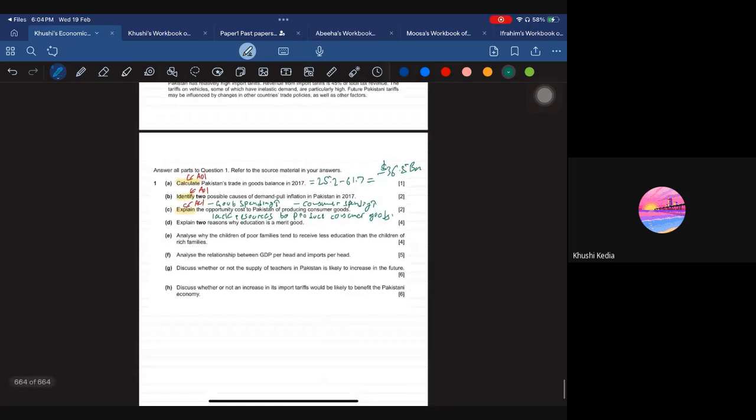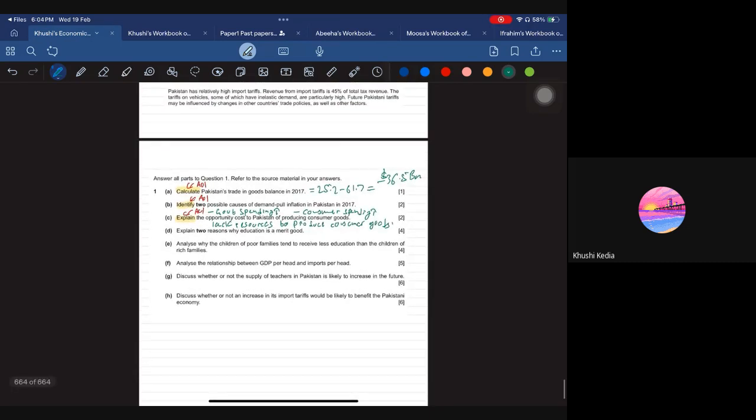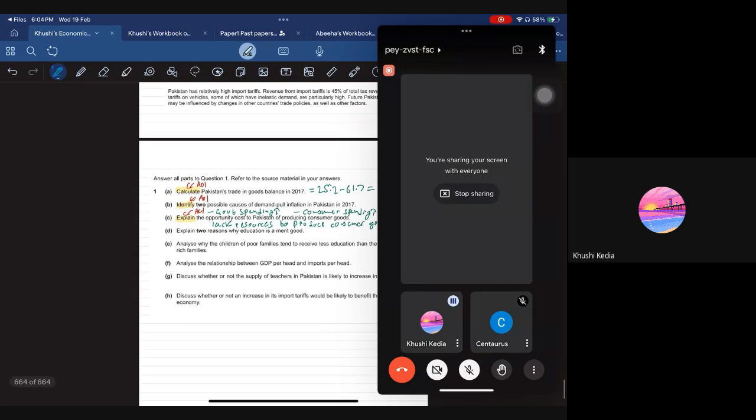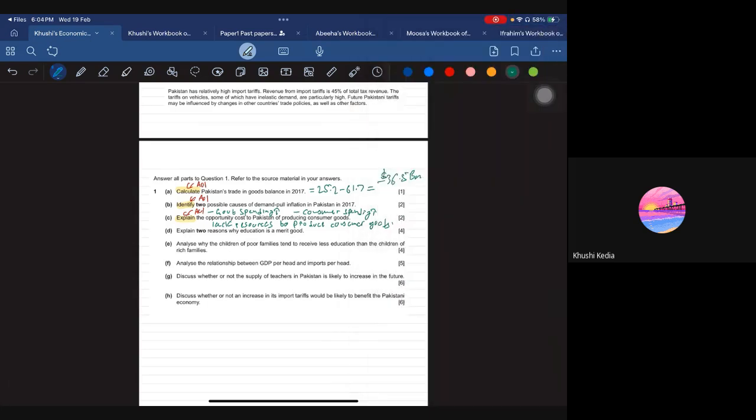The second reason could be that education is also considered a merit good because improved education would improve skills of workers, which would also help increase the productivity and quality of goods and services, which could maybe lead to higher sales.